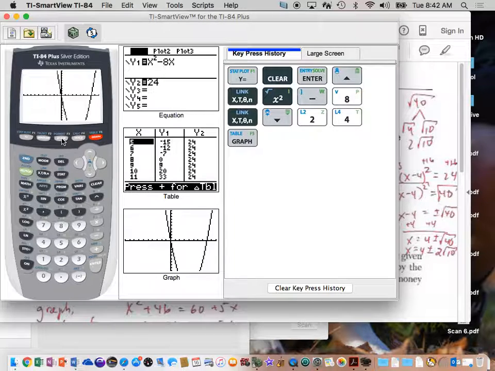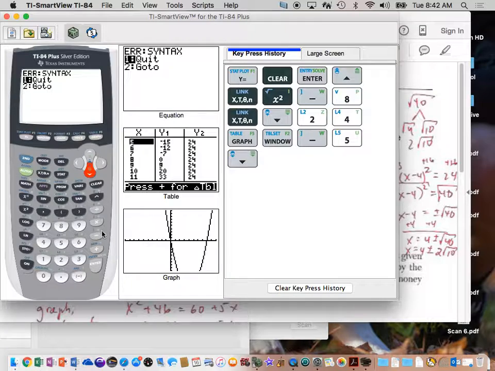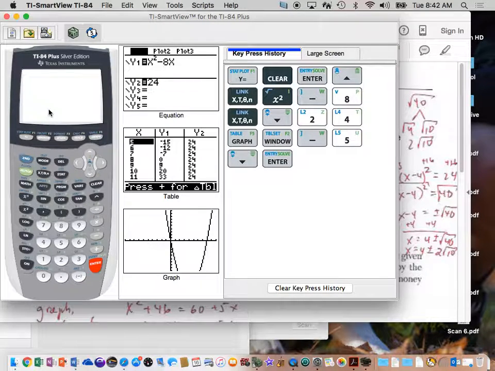All right, so it doesn't look good with the window right now. So let's change the window a little bit. Window, and let's go x min, I'll go -5. X maximum, I'll go 20 instead.